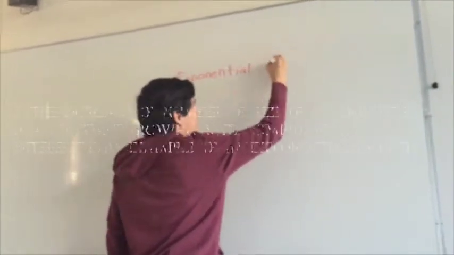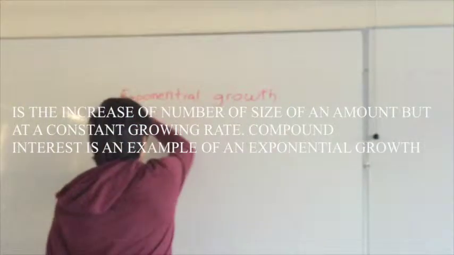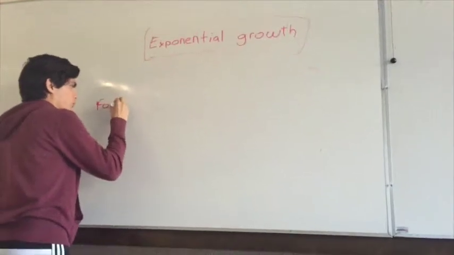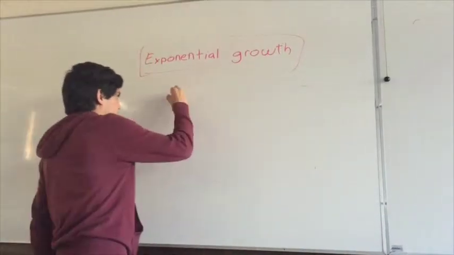Exponential growth. Exponential growth is the increase in the size of an amount at a constant growth rate. Compound interest is an example of exponential growth. Now the formula for exponential growth.